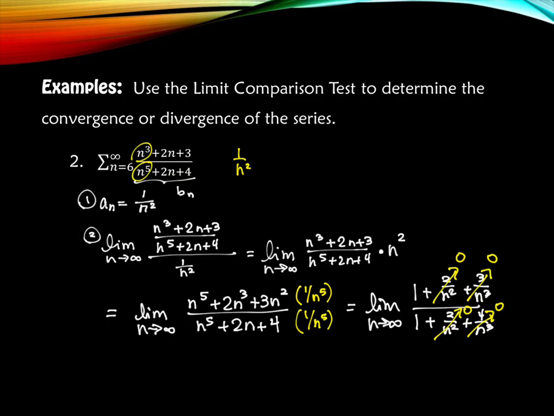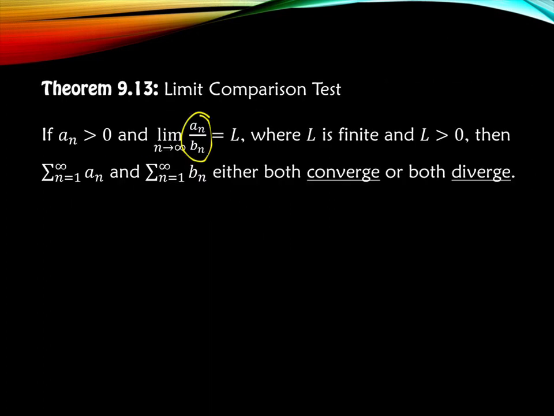And we did talk about this in section 9.1 when we were looking at sequences. So this gives me 1 on top, 1 on bottom. This limit is 1. That's what I need, right? I need a limit that's finite and positive. And I have it.